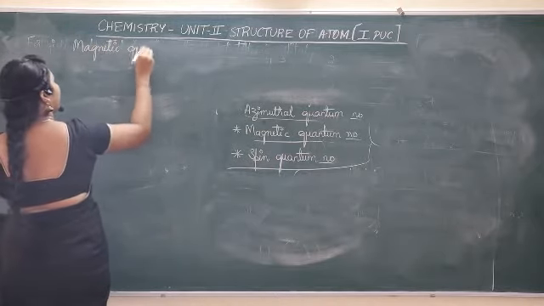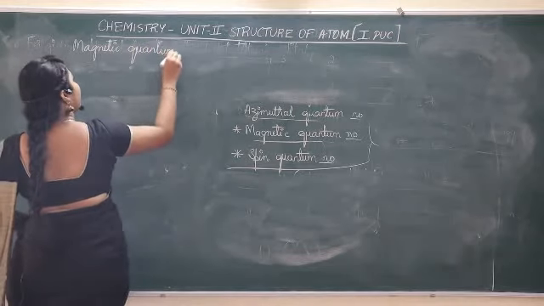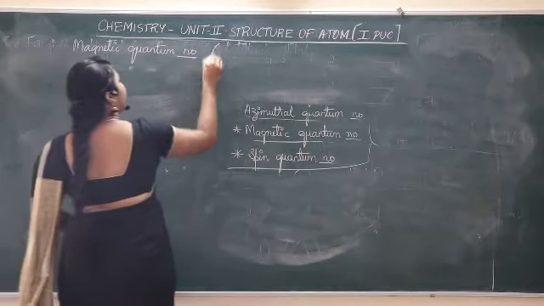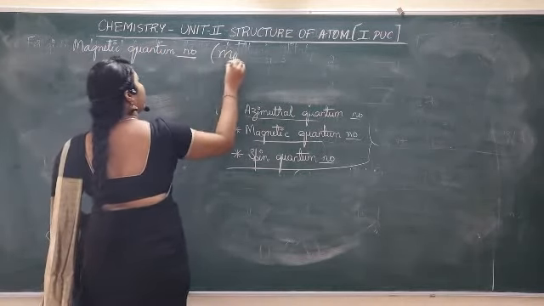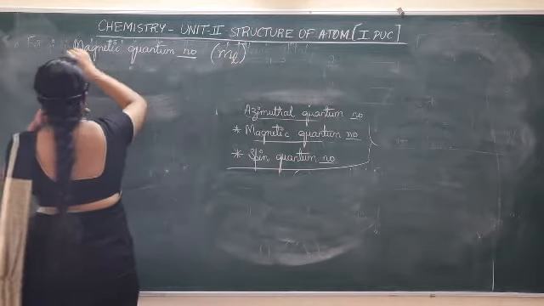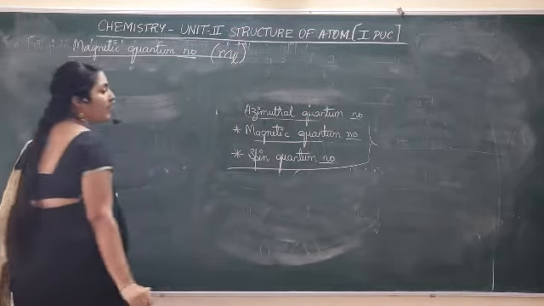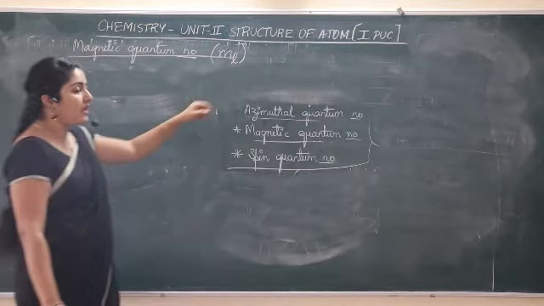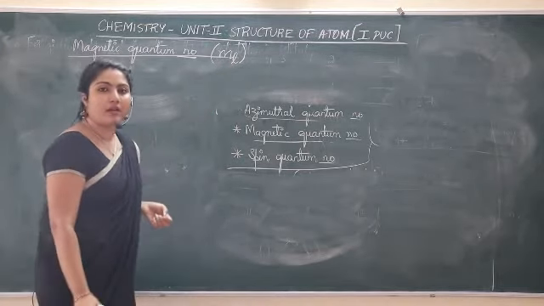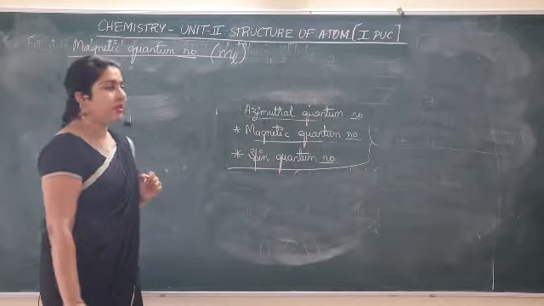Magnetic quantum number is denoted as M subscript L. It's called magnetic quantum number. What does magnetic quantum number tell us?